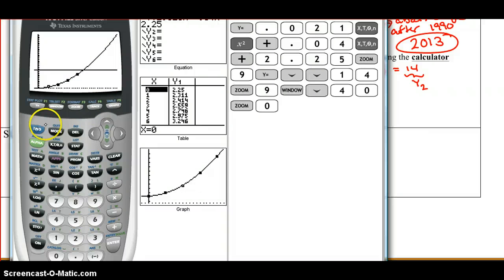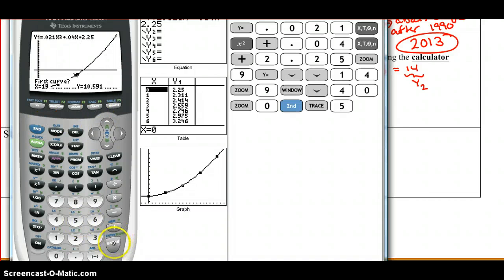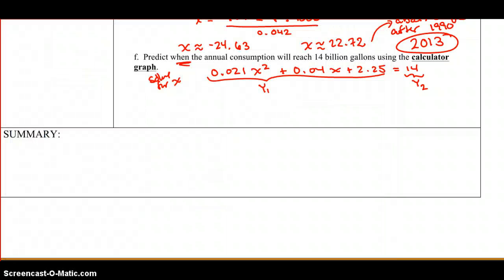So we're going to hit second calc, 5, enter, enter, enter. And we can see there's our 22.72. And this tells us that that is where it reached 14. So our x in this way was also about 22.72. So we end up with, again, the same answer we got here.